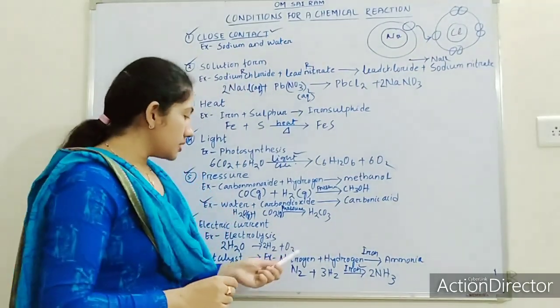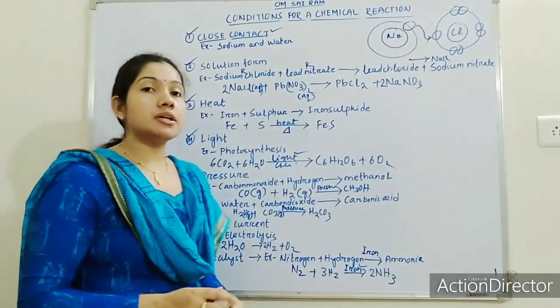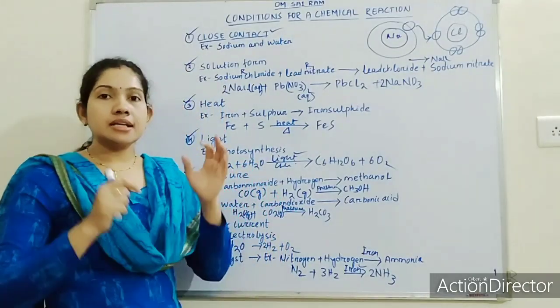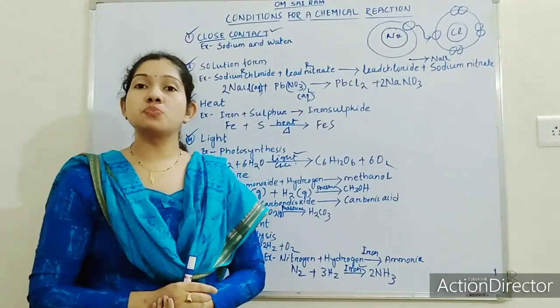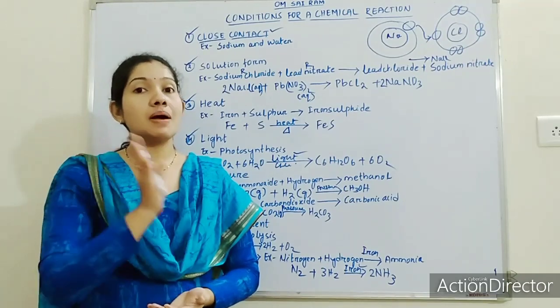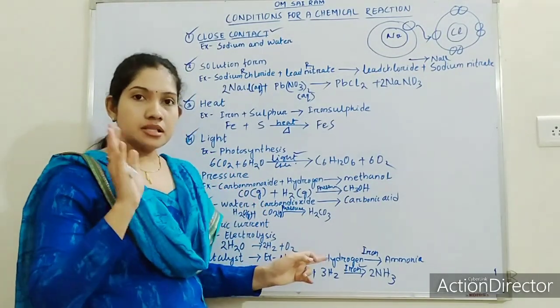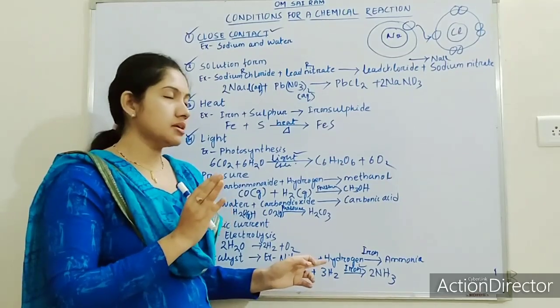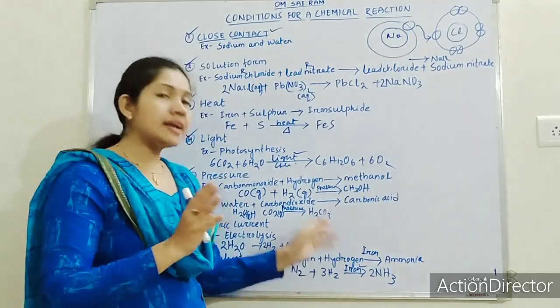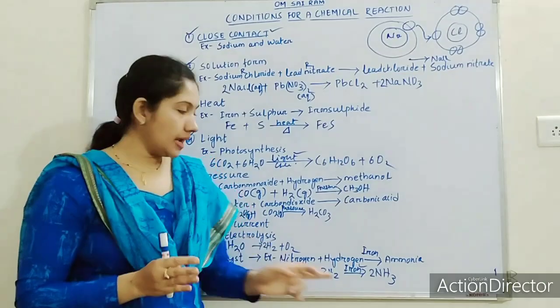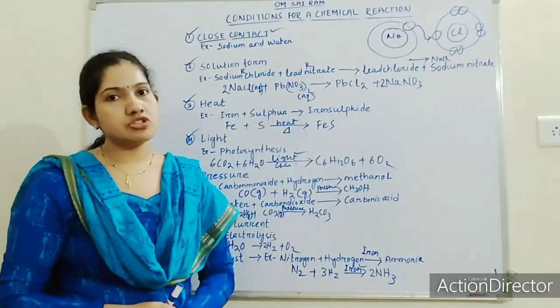Got it? So here we are talking about the catalyst, and catalyst is a substance which speeds up a chemical reaction without participating in the reaction. And here we have taken the example of nitrogen and hydrogen to form ammonia, and here also I have written the equation for that.